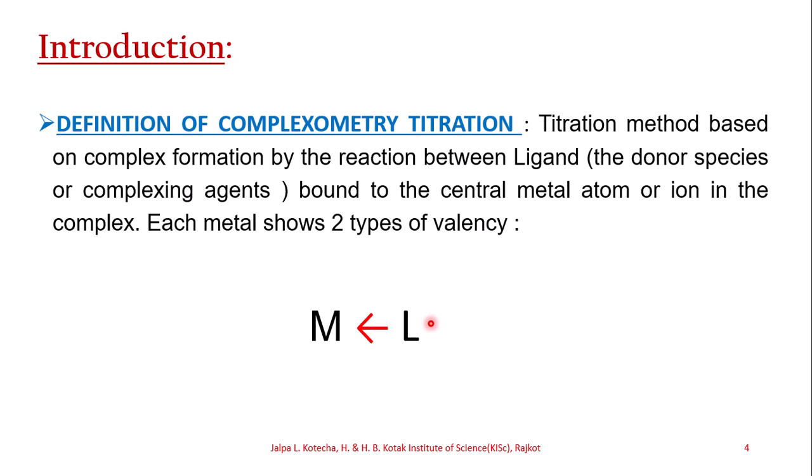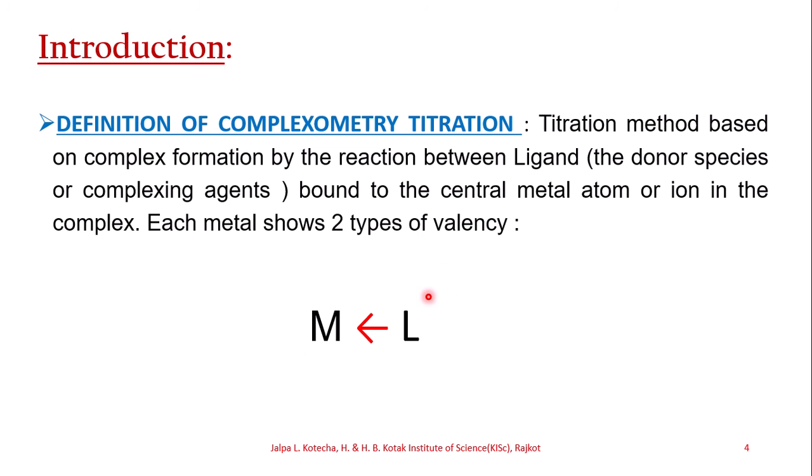This ligand may be a neutral molecule or negatively charged, or sometimes it may be positively charged. This ligand possesses excess of electron pair which it can donate to the vacant orbitals of the metal atom by forming the coordinate bond. So this is the formation of a complex.